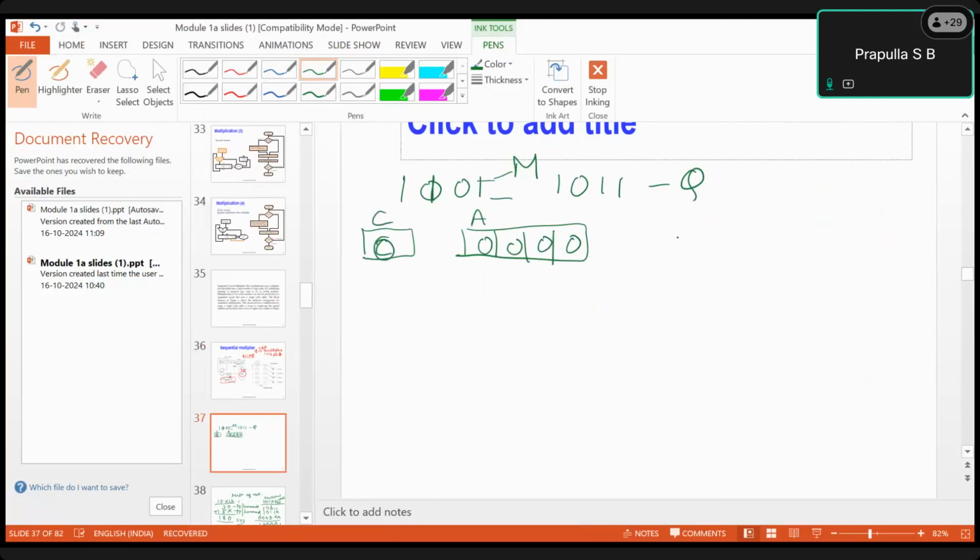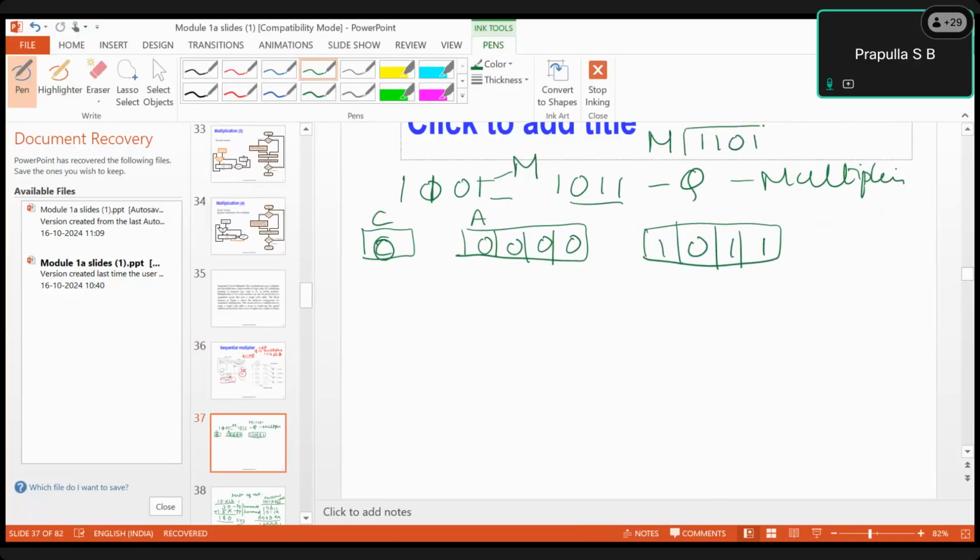This is your carry register. Then your Q register is initialized with the multiplier. Remember that. What is your multiplier? 1011. This is your Q register. And what is your multiplicand? Multiplicand is 1101.